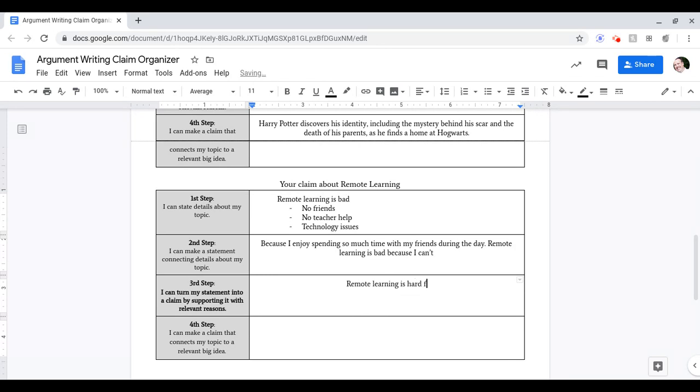Remote learning is hard for most students because kids in general like to spend time with friends, have access to teachers when they need help, and like doing tasks that don't involve technology. So maybe that's a claim statement I have here.